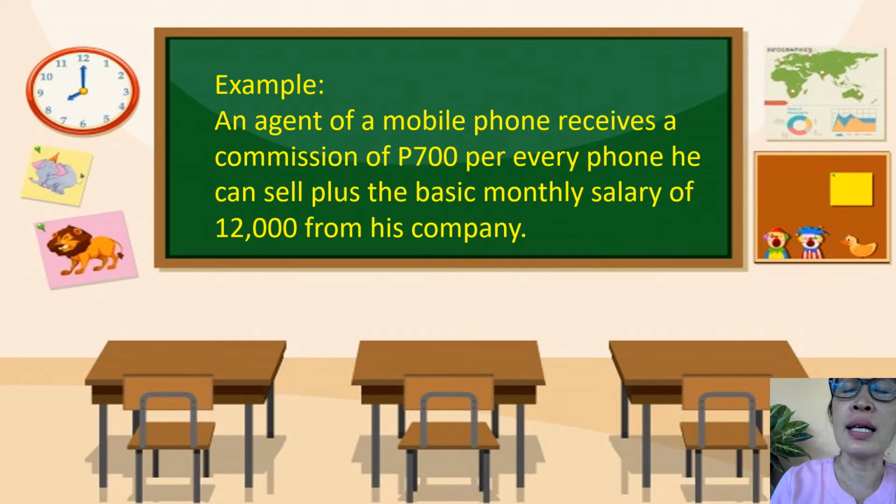How much is his monthly salary? Okay, if you have the idea on how to answer this, write your answer on your paper. If he can sell 1, 2, 3, 4, or 5 phones, how much is his monthly salary? Okay, write your answer now. Let's find out.